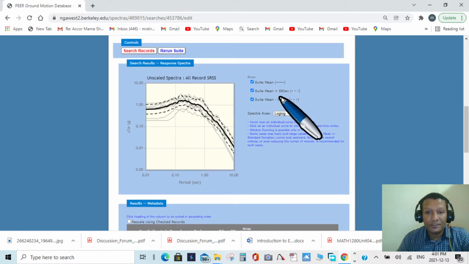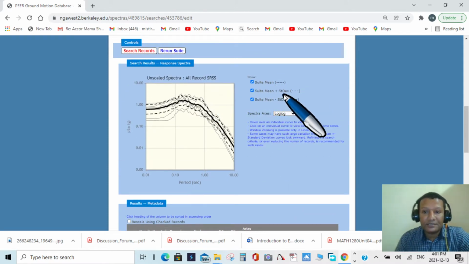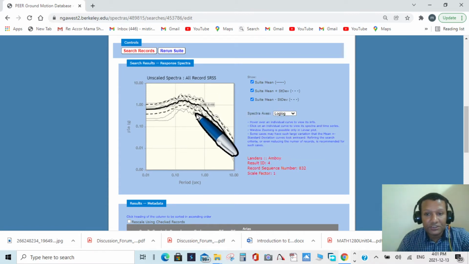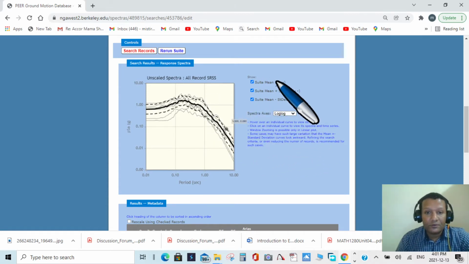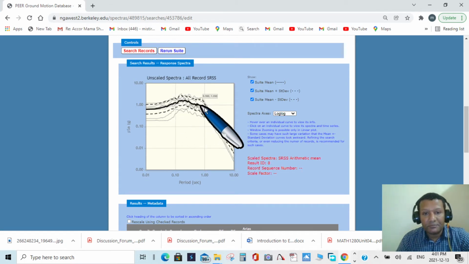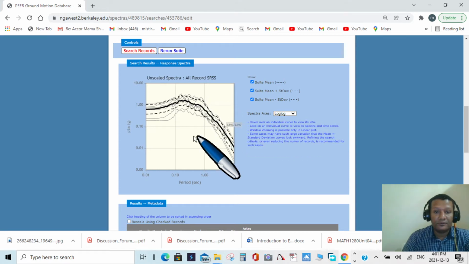So we have plus standard deviation and minus standard deviation, one standard deviation up and down. This is the mean one. If you put it here, it will give you the spectra, arithmetic mean plus standard deviation, this one. And this one is minus standard deviation, and this one is the mean. So you can find the mean also.